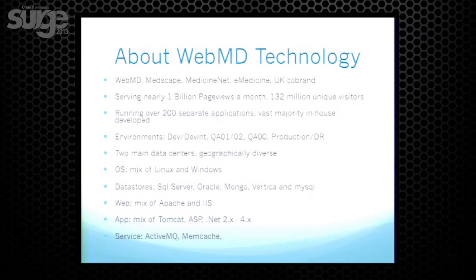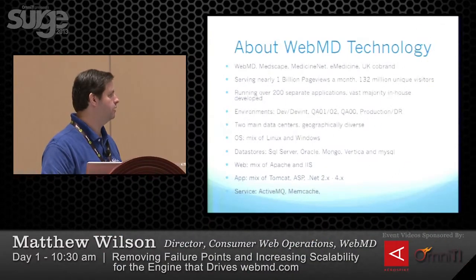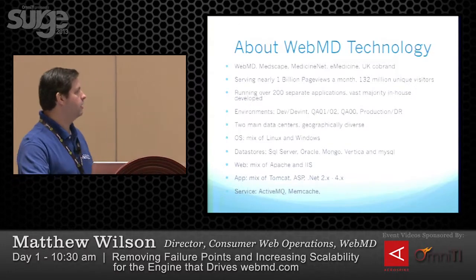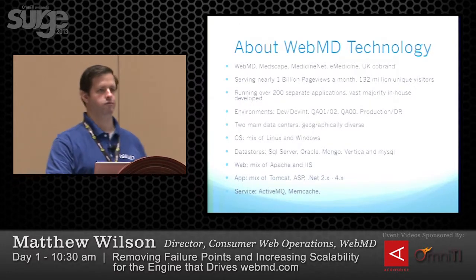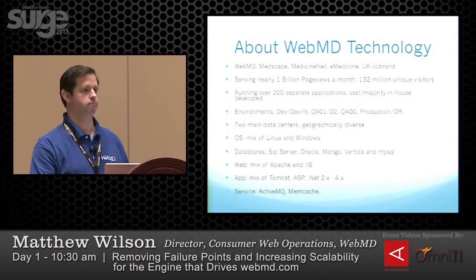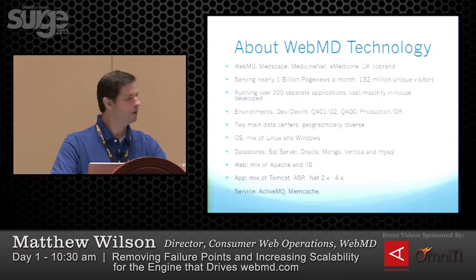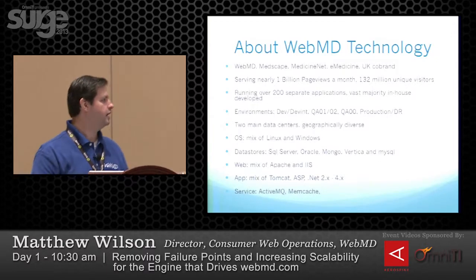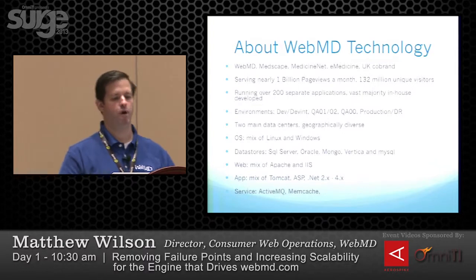So WebMD has several web properties: webmd.com, MedicineNet, and our UK co-brand, which is webmd.boots.com. Those are our consumer-related websites. Medscape and eMedicine are geared towards doctors, nurses, medical students. We have over 200 applications which run all of our web properties.